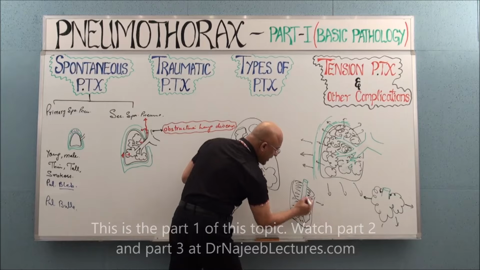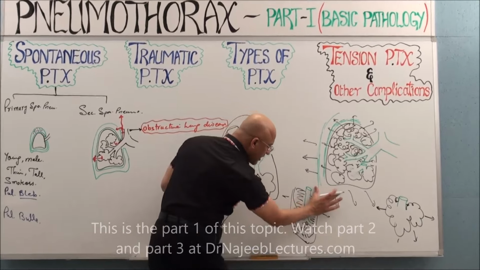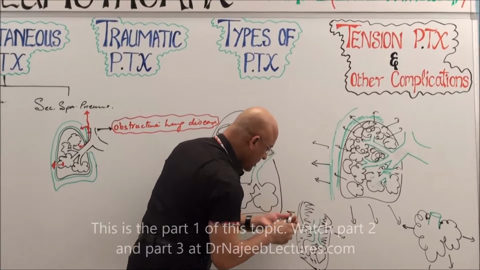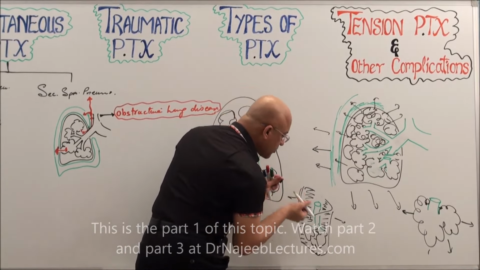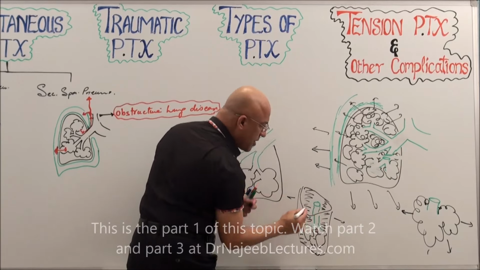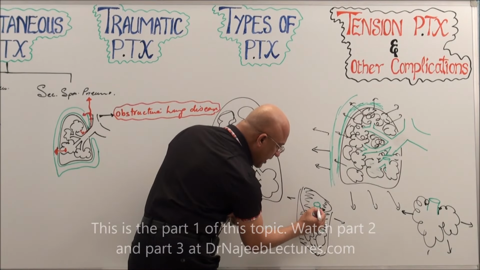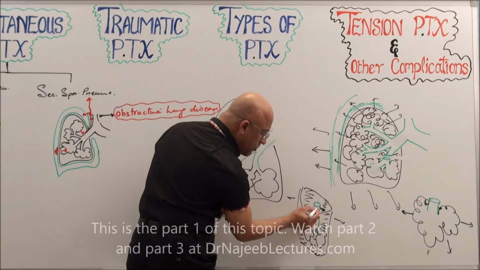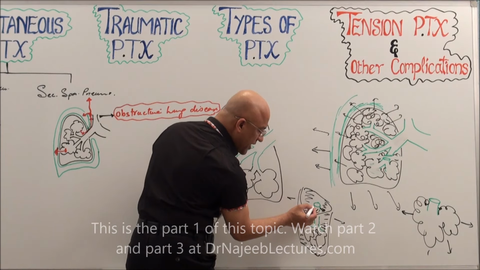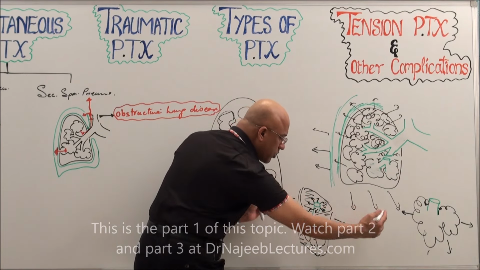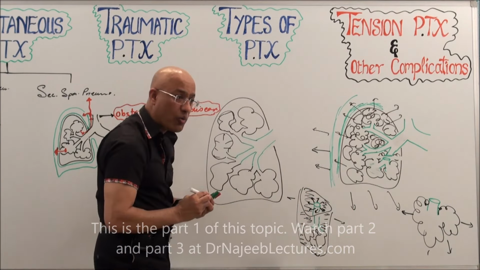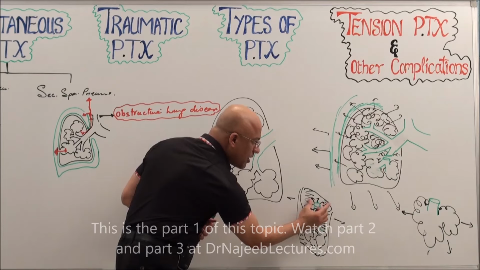When lungs are expanding, it means the whole lung parenchyma is expanding. All the lung parenchyma which is surrounding this airway is also pulling the airway outward, all walls. So the airway will become open.